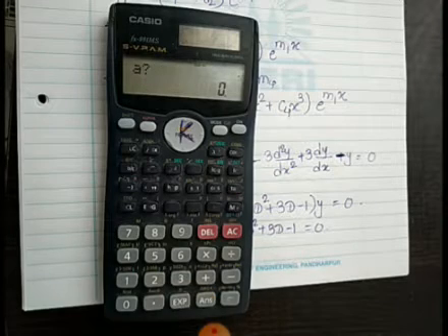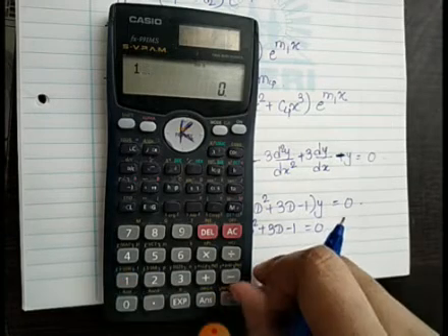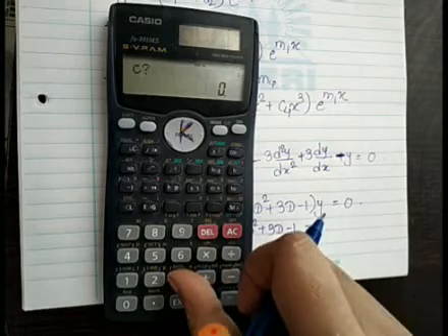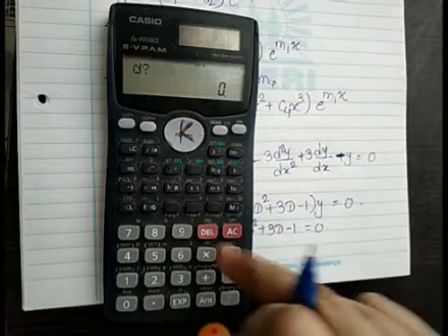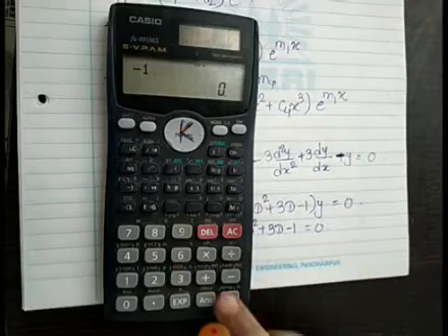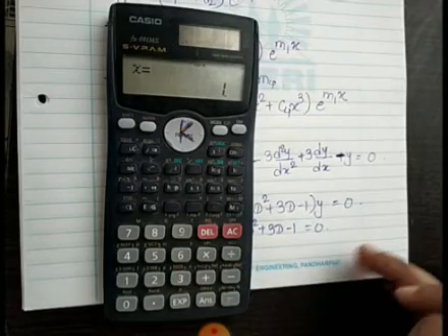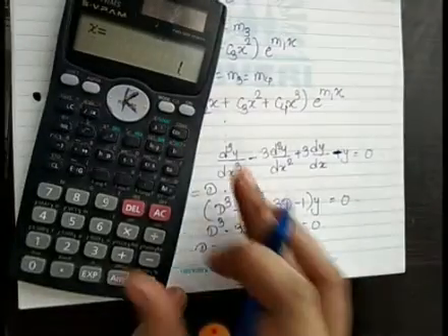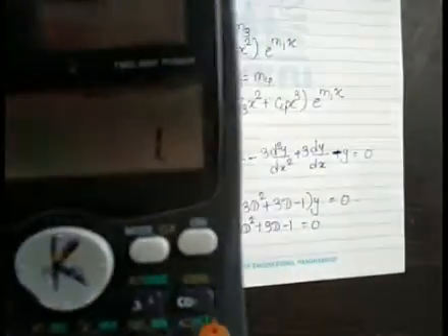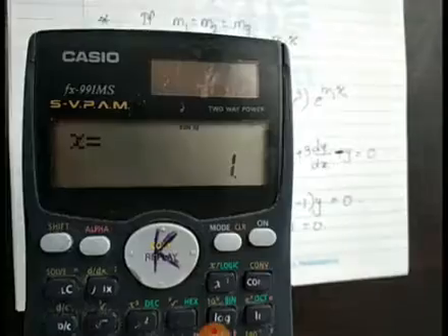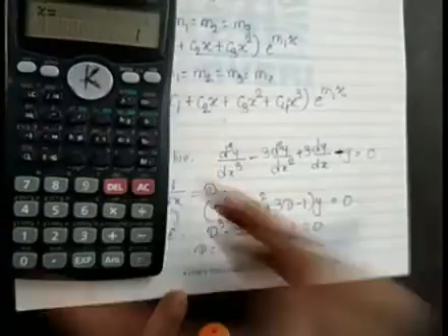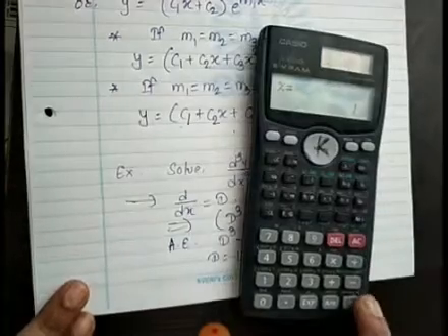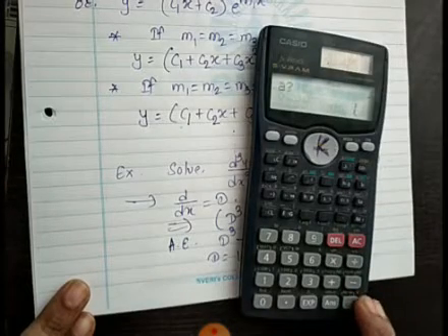Degree is 3 now. So A is 1, B is minus 3, C is 3, and D is minus 1. So we are getting D as 1, and there is no imaginary part. So it is 1, and the next root, we are getting 1 again.